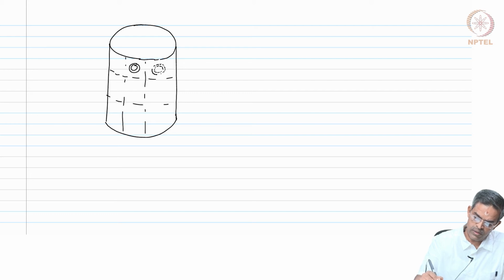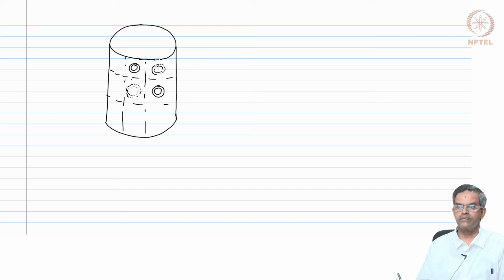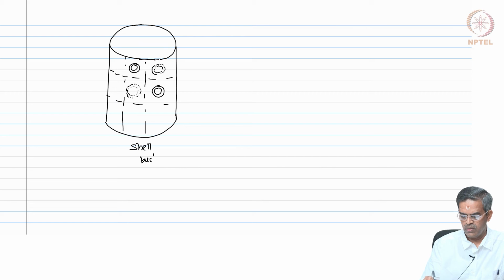I am showing the positive ones as firm lines, stress concentration factors, and the negative ones as dotted lines. So, this form of failure is called shell buckling. They generally form a pair, they generally occur alternatively.